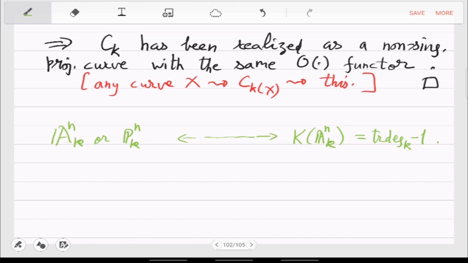Okay, we did not do anything with higher dimension. We stayed in curves, so basically affine projective curves versus transcendence degree 1 fields.